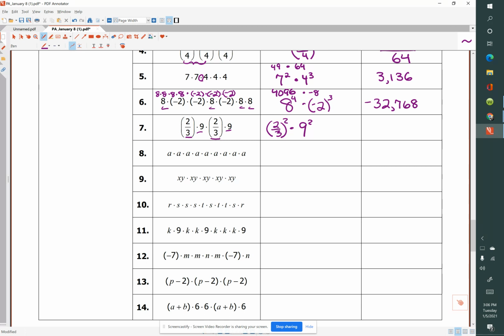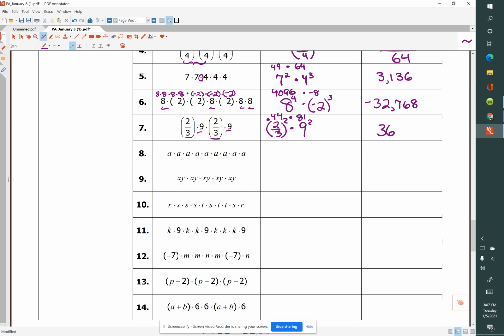So 2/3 to the second power equals 0.44, and you can use a calculator to get that. And 9 times 9, or 9 to the second power, is 81. Well, 0.44 times 81 equals 36.